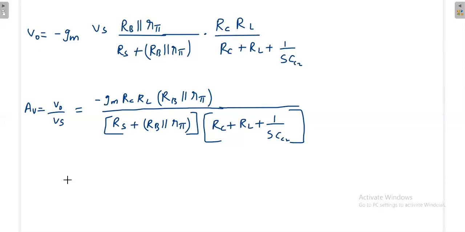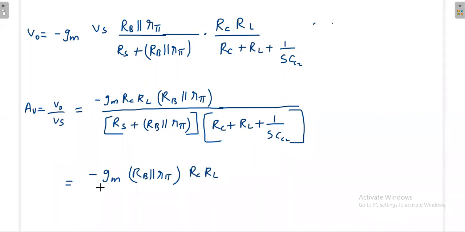Now this can be modified like this: minus gm, RB parallel R pi, into RC into RL, then divided by this one, RS plus RB parallel R pi.